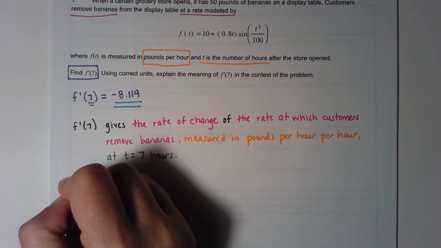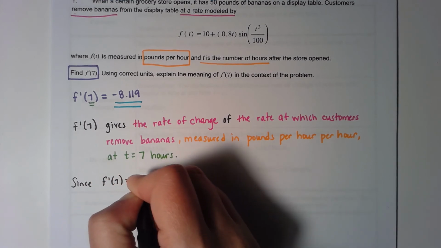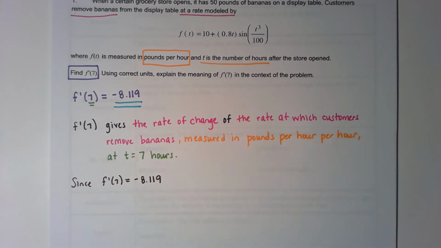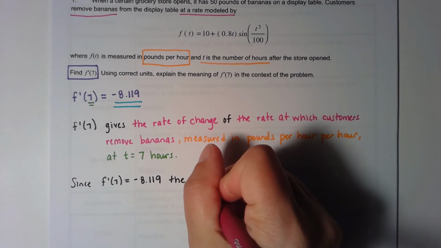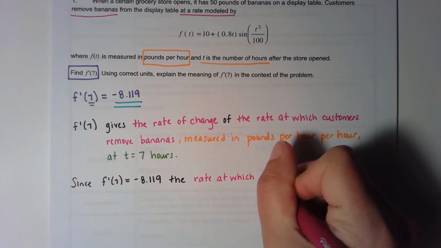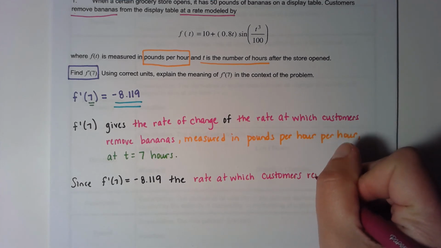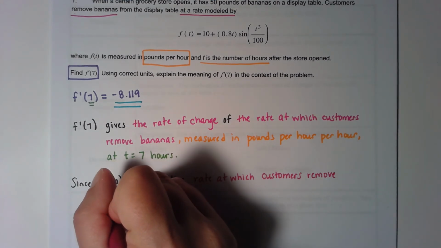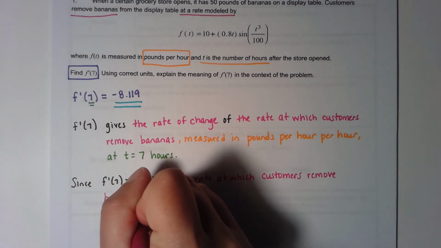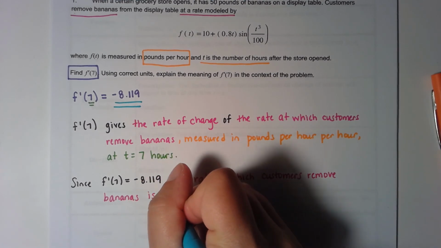So we would say since f prime of 7 is equal to negative 8.119, we would say the thing we were measuring, so the rate at which customers remove bananas, is decreasing because it's negative.